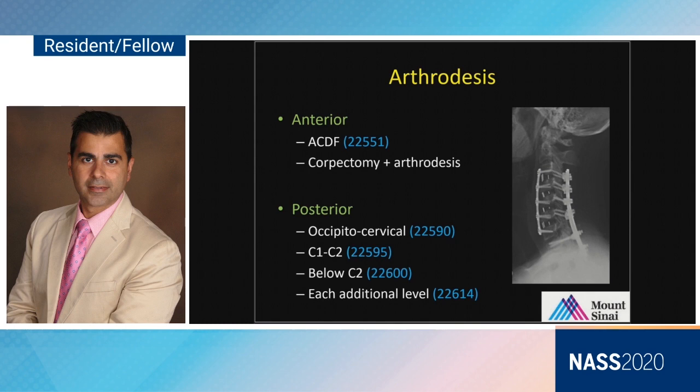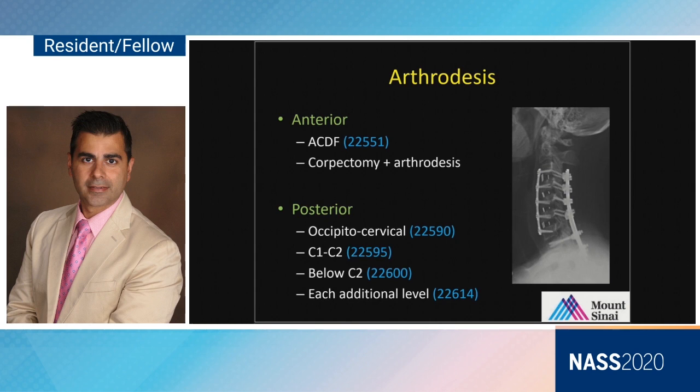Similarly, if you're doing a C1, C2 arthrodesis, that too is a challenging environment and has a unique code that needs to be built to differentiate it from subaxial fusion. So that's 22595. Any type of cervical fusion below C2 is coded as 22600 for one interspace, and then additional levels are coded as 22614.